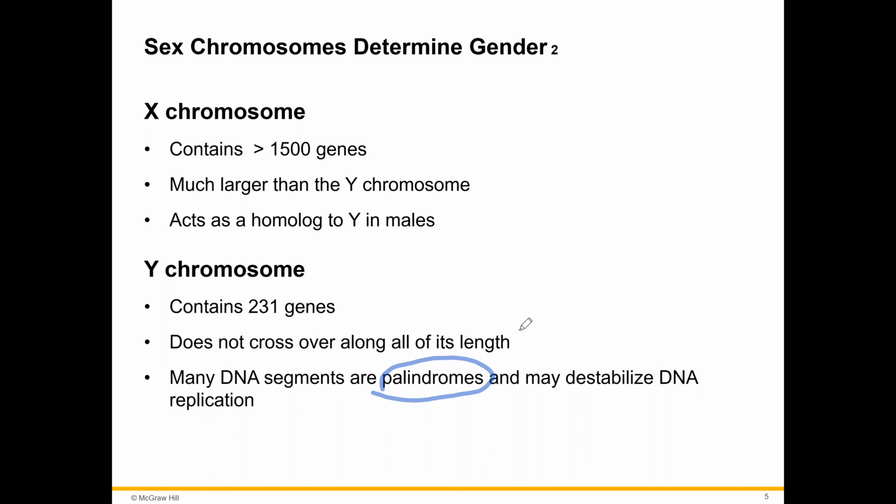Palindromes means you can read it from left to right and from right to left, and they're going to be the same letters, and this may destabilize DNA replication.